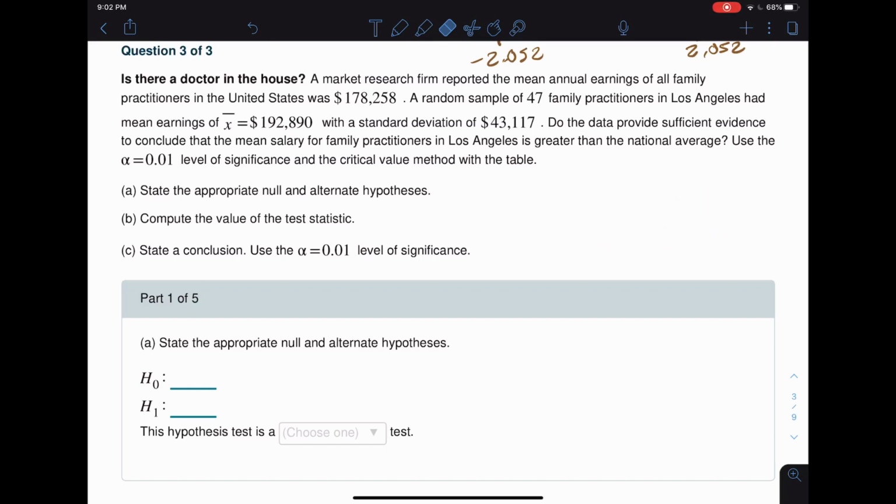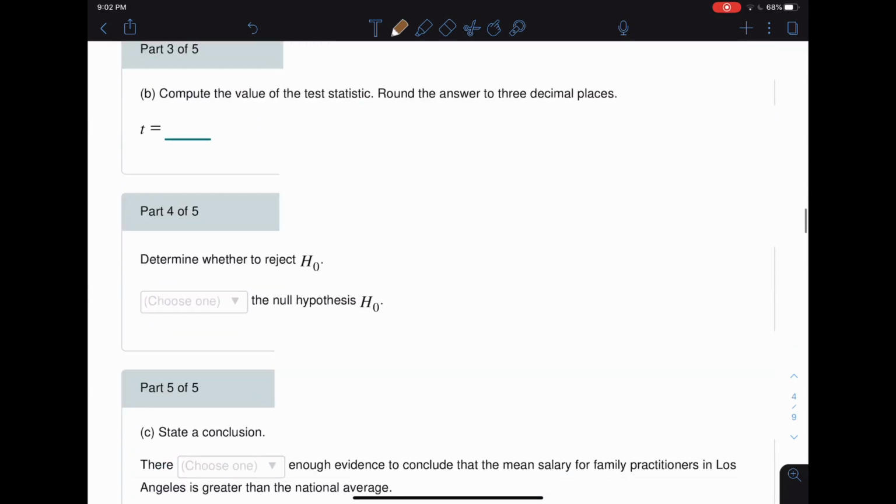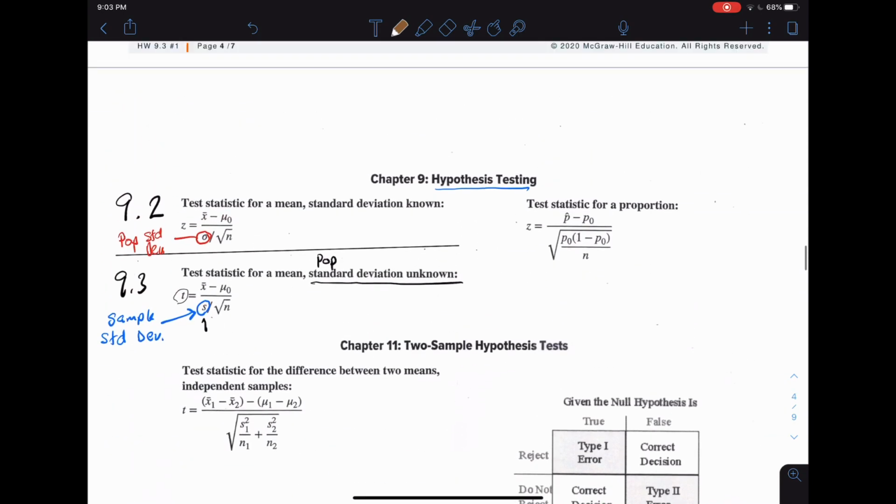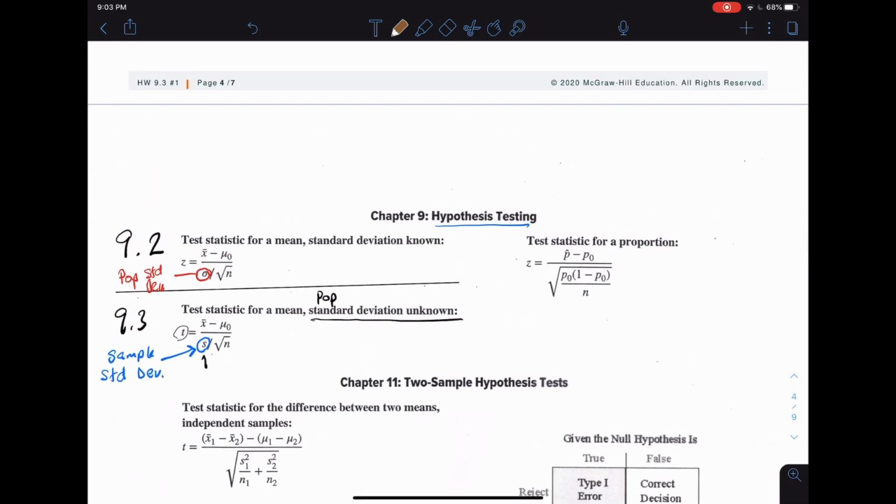Those two things are really important because if sigma is known, then you're going to use your z test statistic. Once again, if your population standard deviation, sigma, is known, you're going to use z.